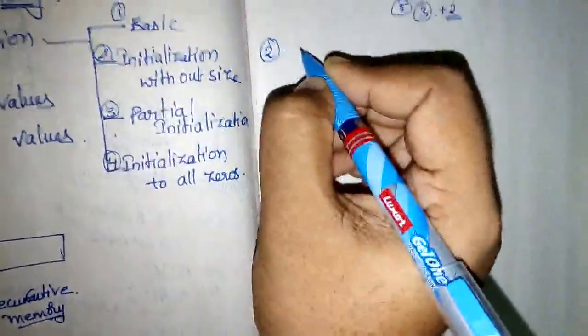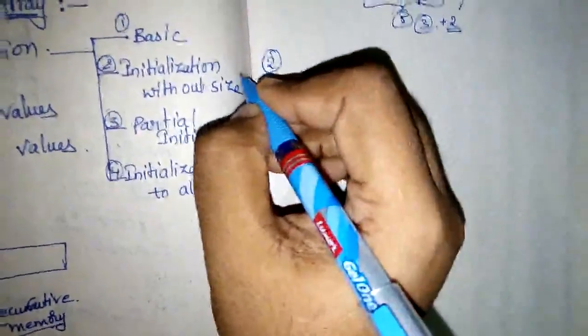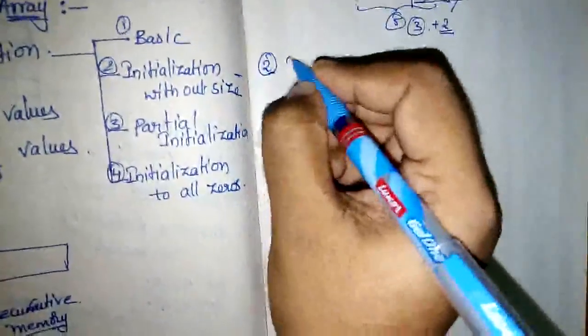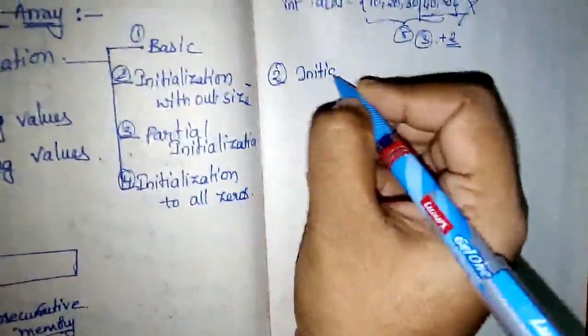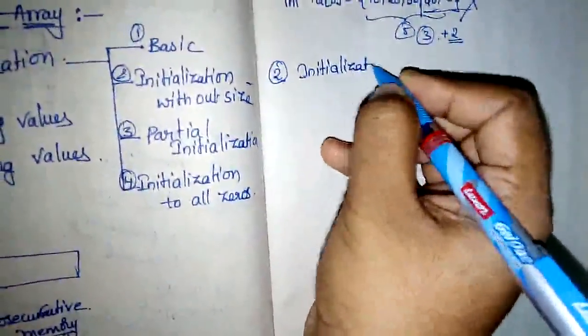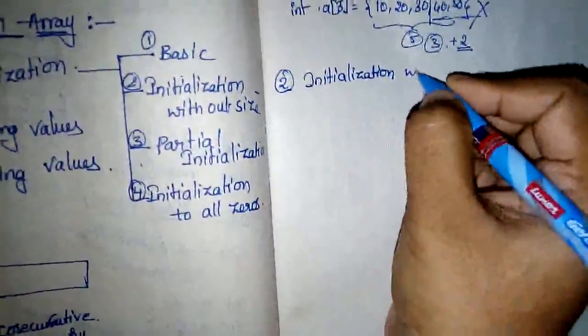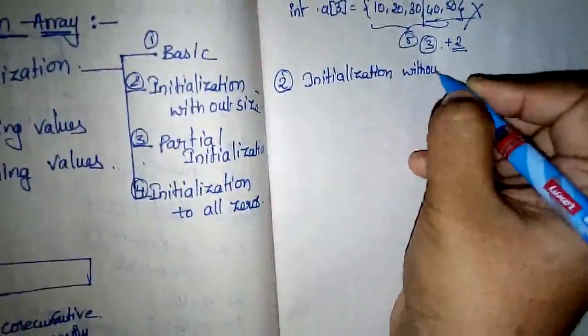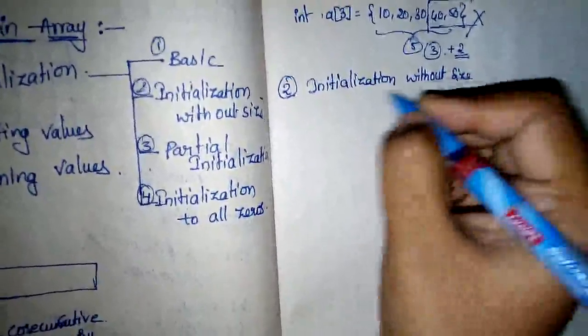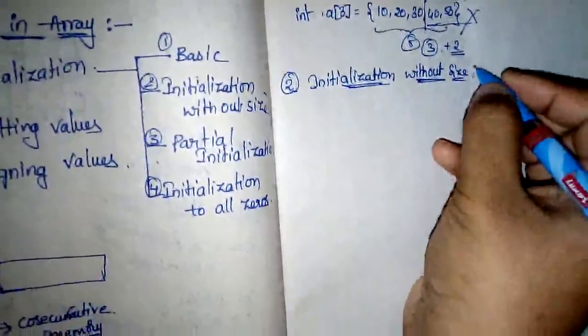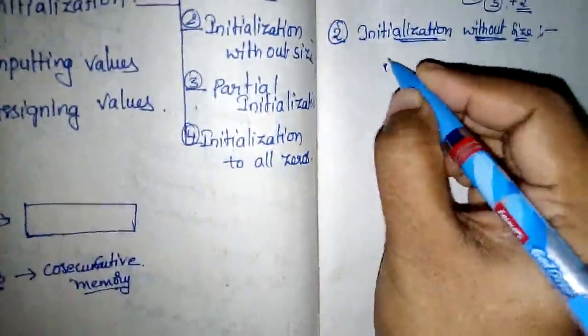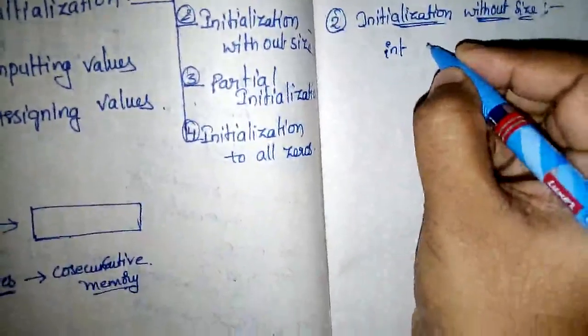The second method in initialization is initialization without size. In this type of initialization, you need not mention the size of an array.